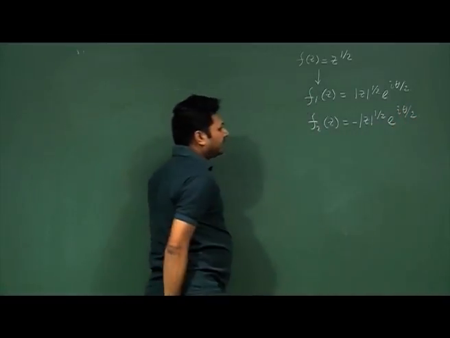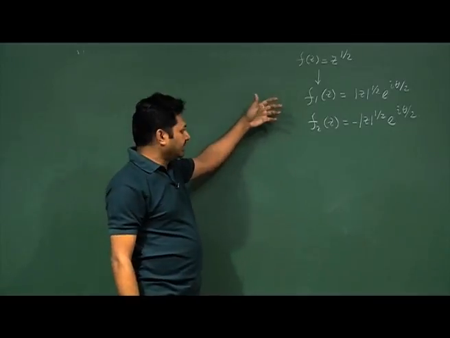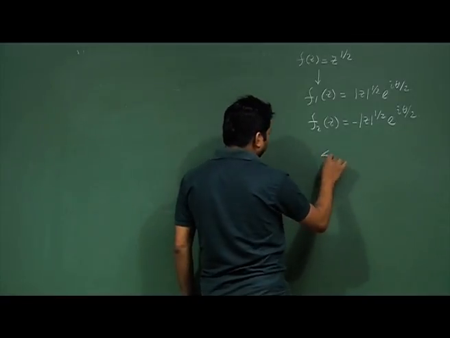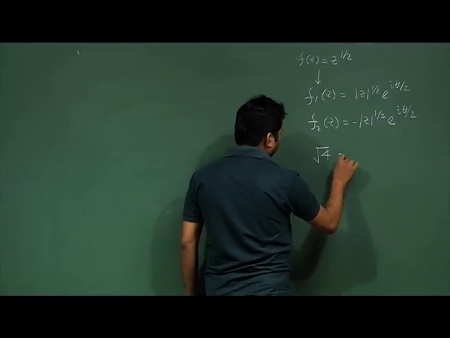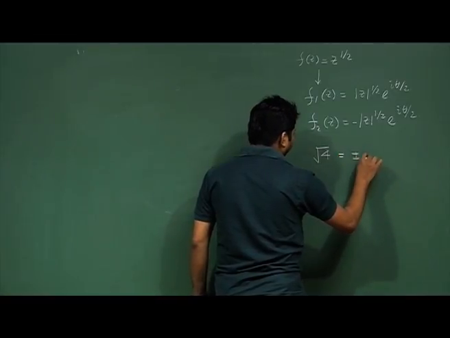It is exactly the same as in the real case, plus minus. If I want to find a root, for example, root over of 4, the result is plus minus 2.